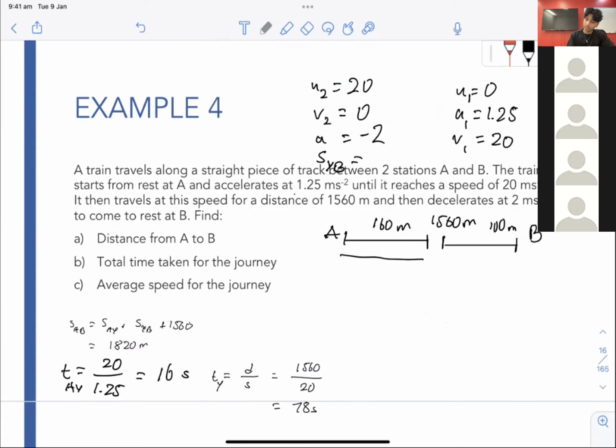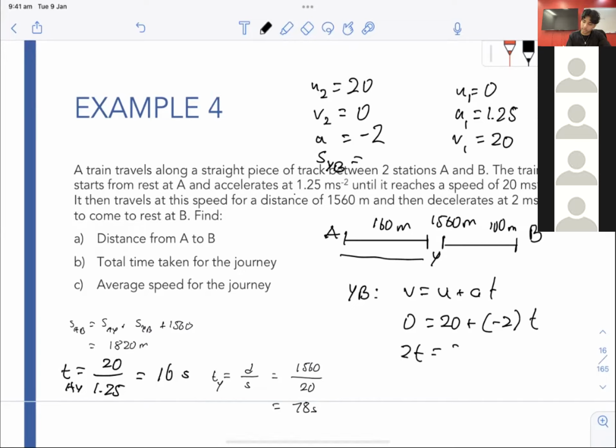This last portion, YB, okay? YB, all right, we can use the same formula, V equals U plus AT, all right? Final velocity was 0, initial was 20, acceleration is -2, we're finding time, okay? So if we rearrange this, we're going to get 2t equals 20. Therefore, t equals 10 seconds. All right.